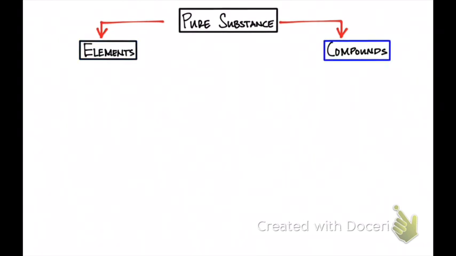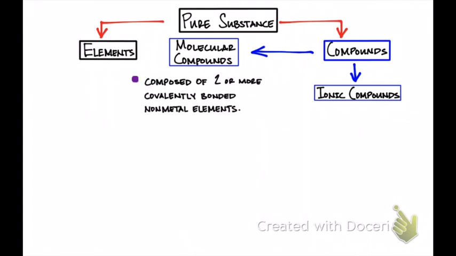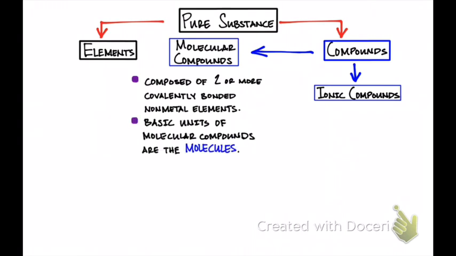So just like the elements, the compounds also fall in two categories. There's the molecular compounds and ionic compounds. So I mentioned earlier that the molecular compounds are those compounds that utilize covalent bonding, right? Covalent bonds. So they're composed of two or more covalently bonded nonmetal elements. So again, H2O is a perfect example.